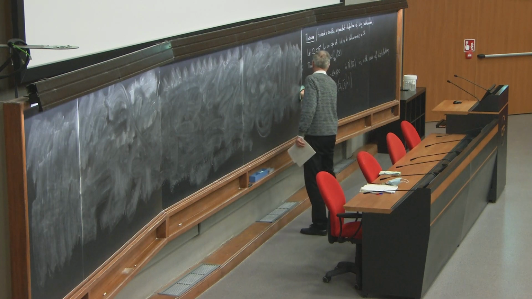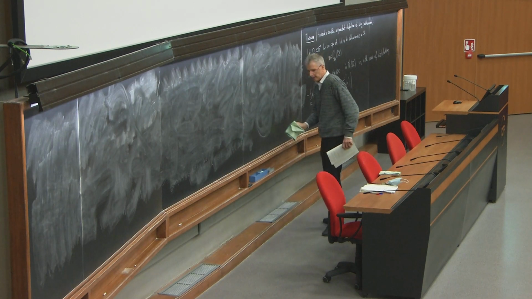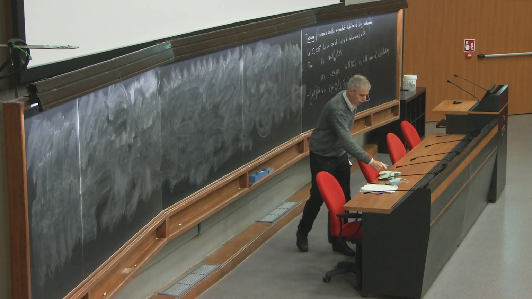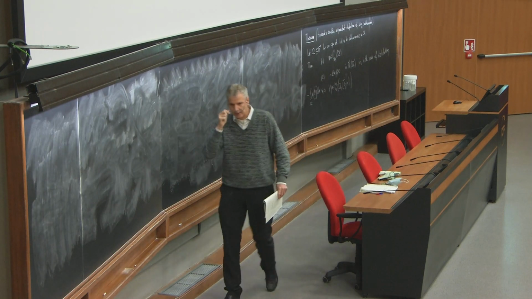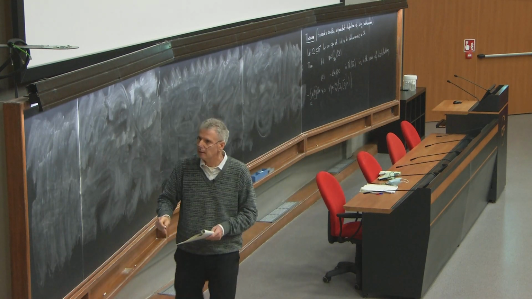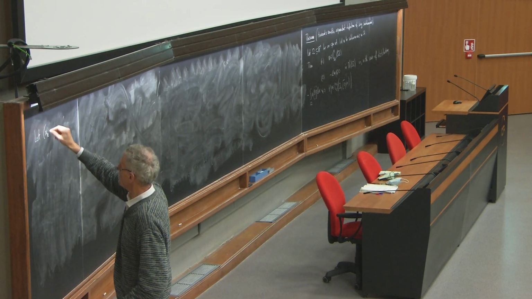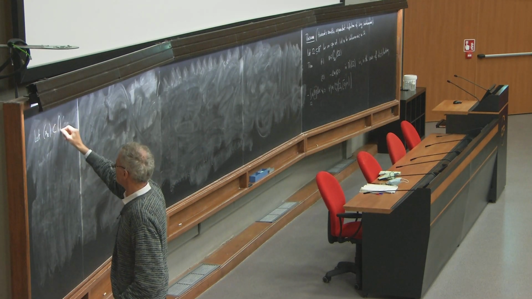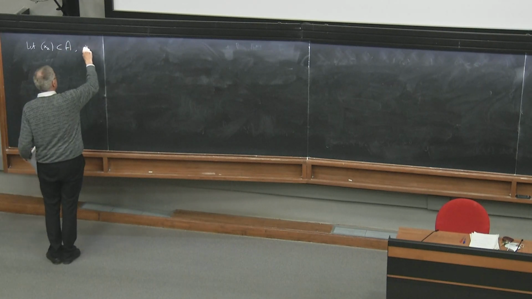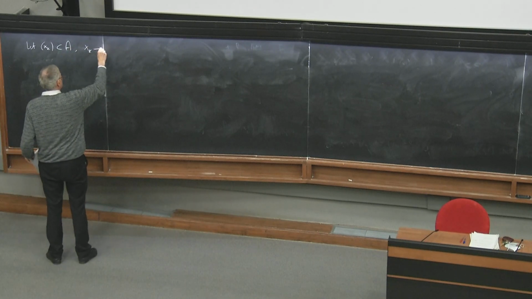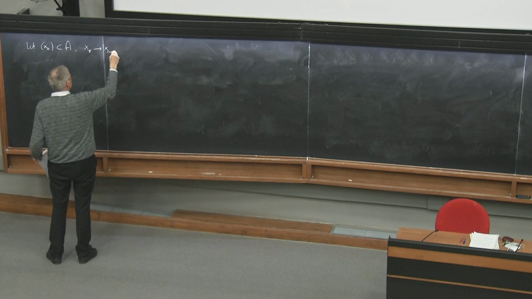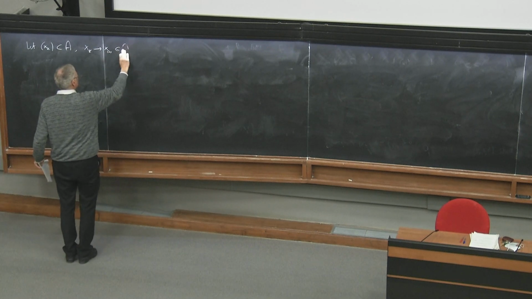Okay, what remains to show is that A is closed. So let's take a sequence x_k of points of A. Suppose that x_k converges to some point x infinity in omega.